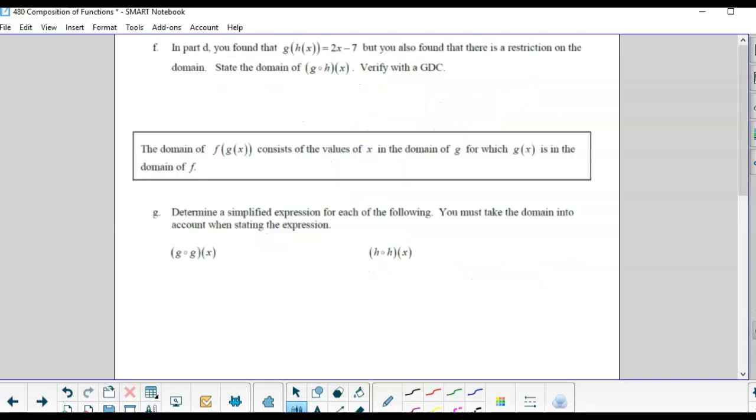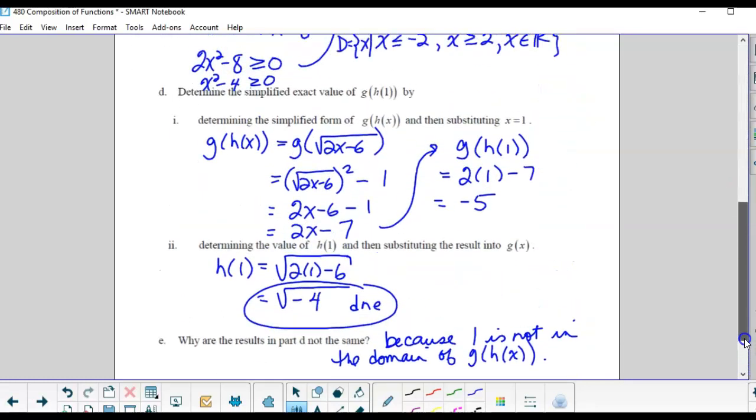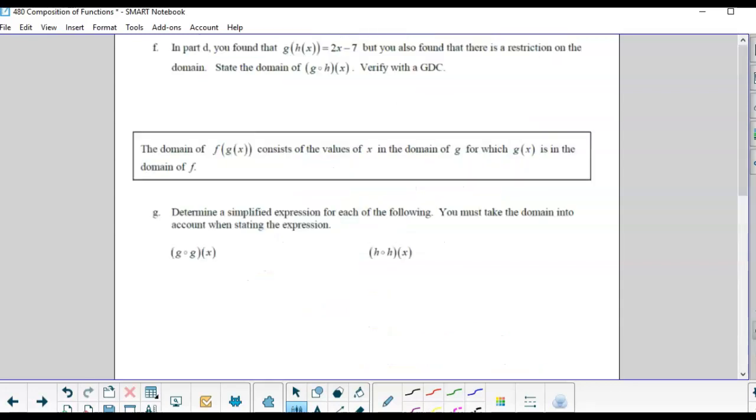So in part D, you found that g of h of x equals 2x minus 7, but you also found that there's a restriction on the domain. State the domain of g of h of x. Verify with a graphing calculator. So basically what you want to do is take a look at your inside function. My inside function was root 2x minus 6. So the domain for h of x is x greater than or equal to 3.